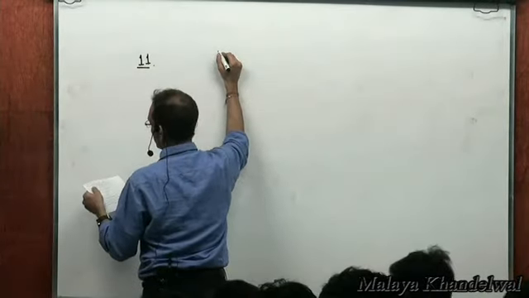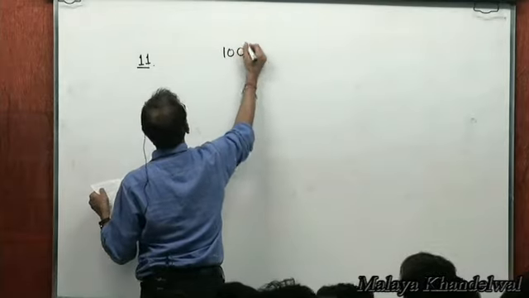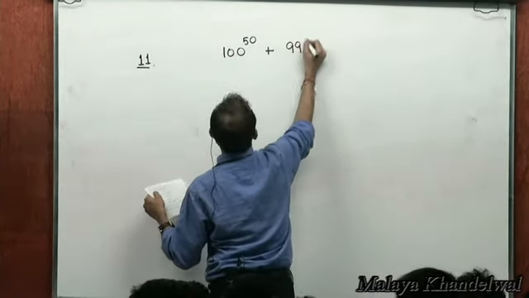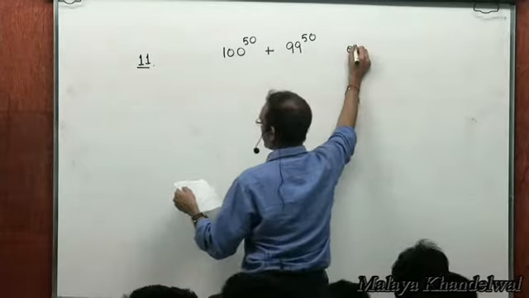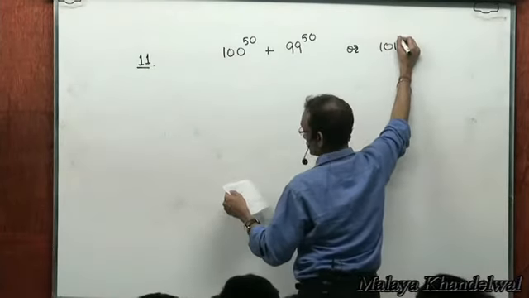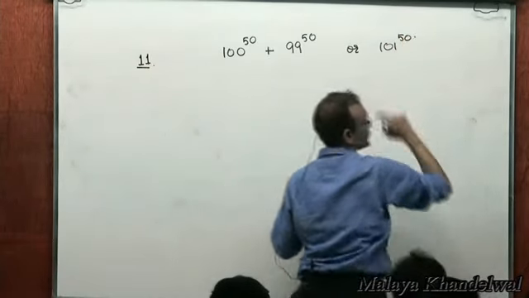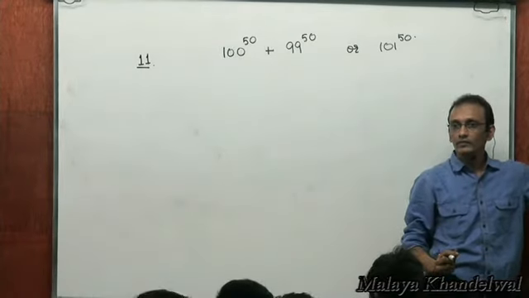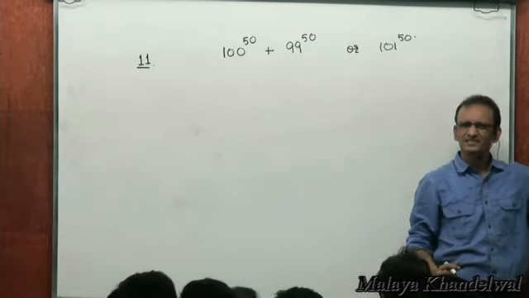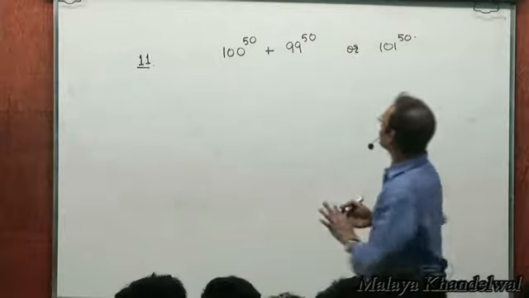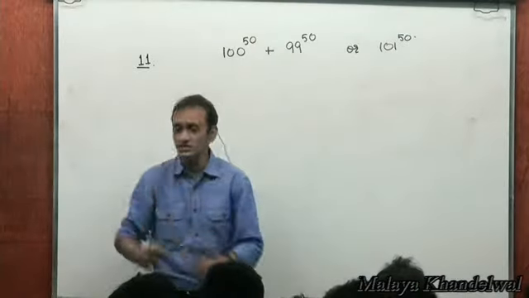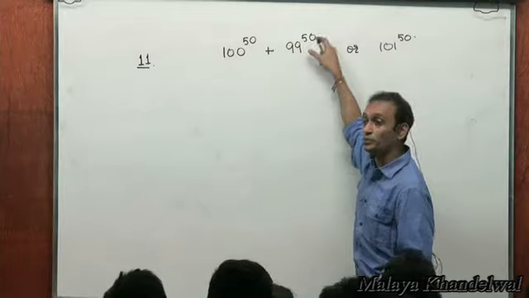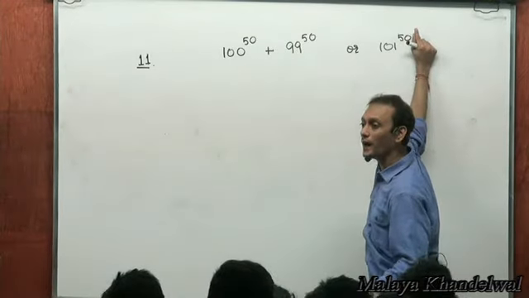We want to find which is greater, 100 to power 50 plus 99 to power 50, or 101 to power 50. We want to figure out which of the two is larger.